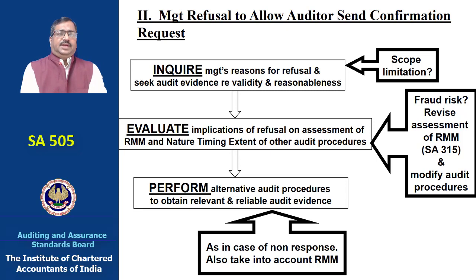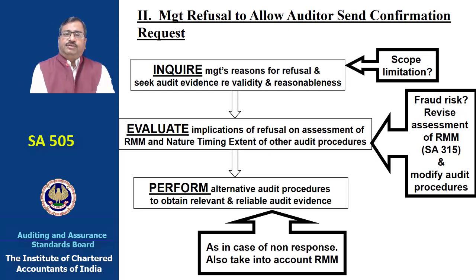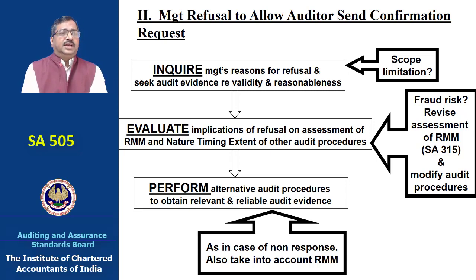Secondly, he has to also evaluate what will be its implications if the management refuses to send such external confirmation request, and the assessment of risk of material misstatement and the nature, timing, extent of other audit procedures to be followed, that needs to be seen.